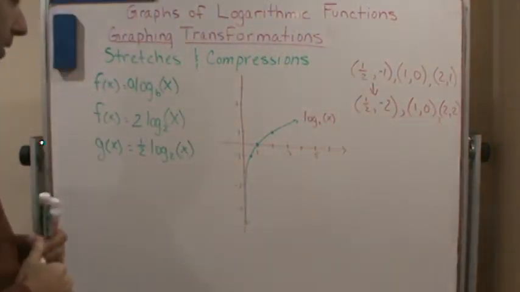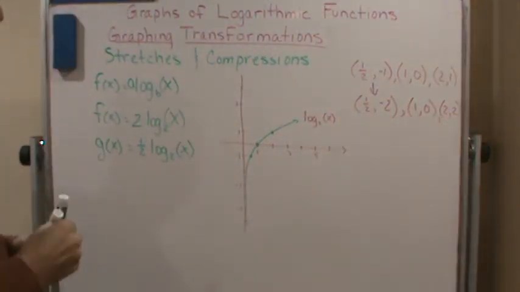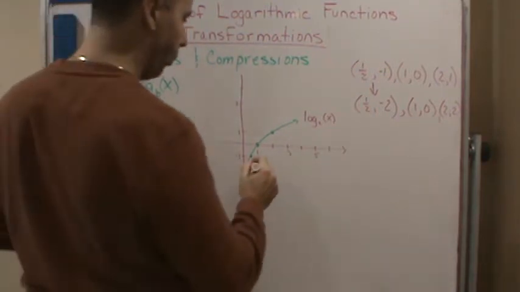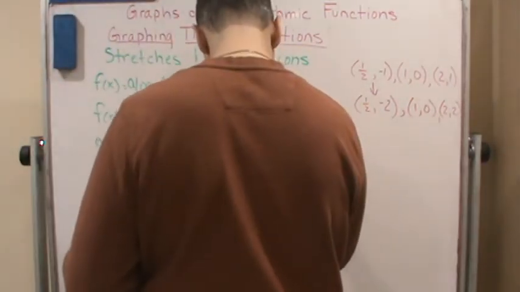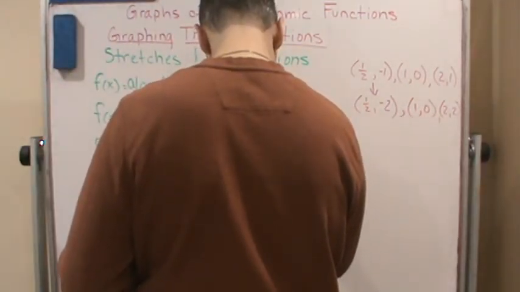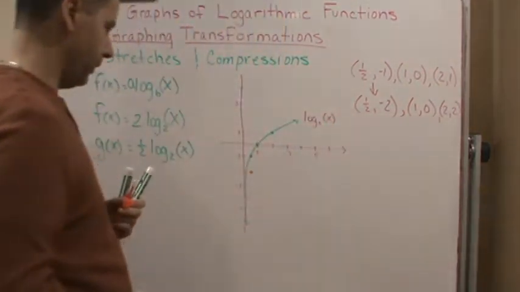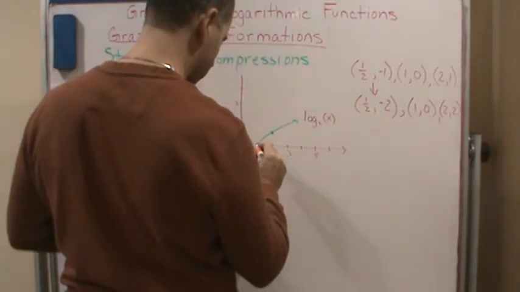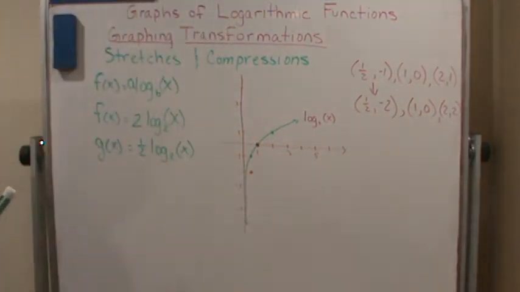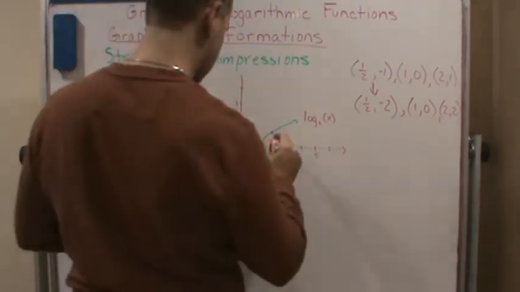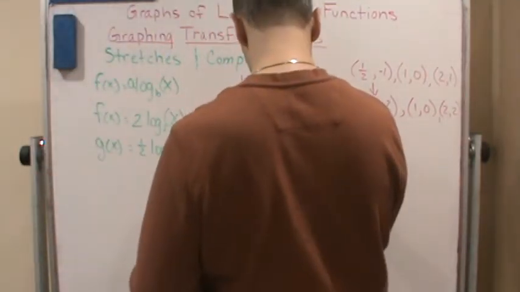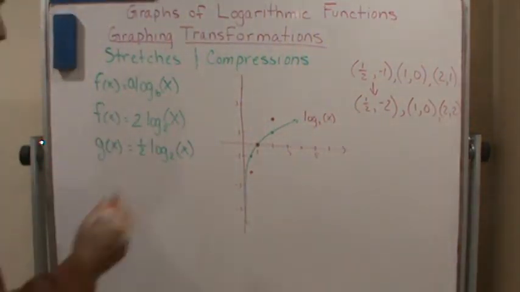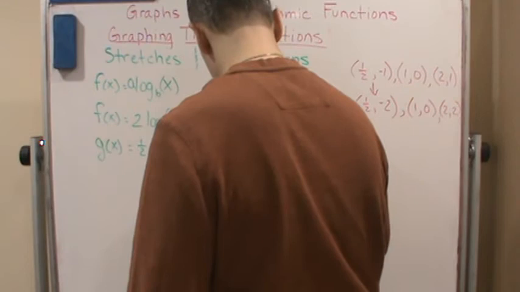And so now if I plot those points, what do I get? I get 1/2, negative 2, so it's going to go right about there. And then, of course, this is just going to be 1 comma 0. And then 2 comma 2 is right here. And so what happens is now my graph looks like this.